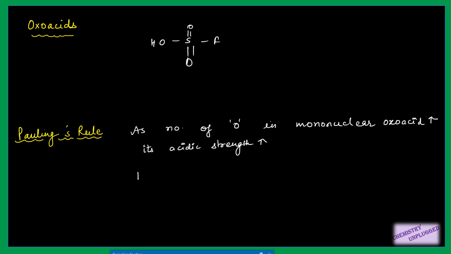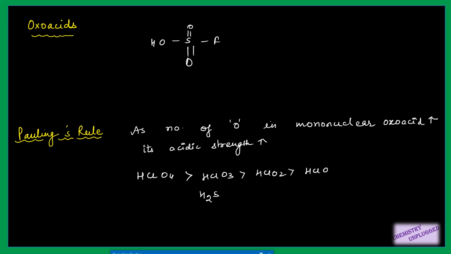Suppose I have different oxo acids of chlorine, right? HClO4, HClO3, HClO2 and then HClO, right? So in this case we can easily predict that as the oxygen atoms increase, acidic strength increases.